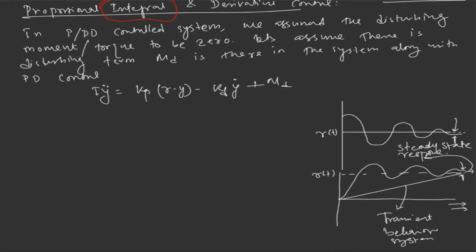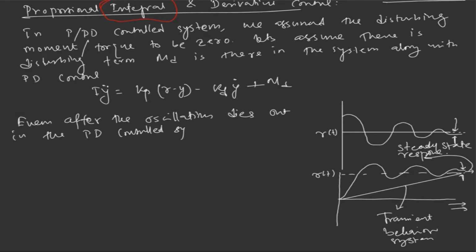So let me write here, even after the oscillations die out in the PD control system, there will be steady state error in the attitude.